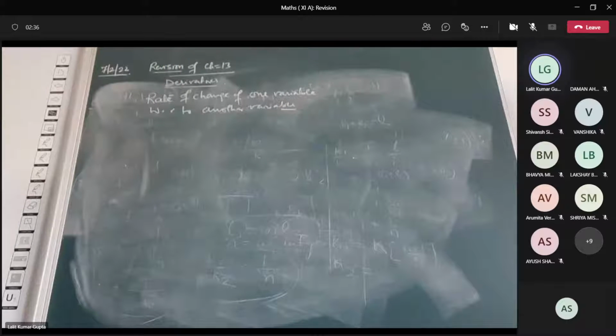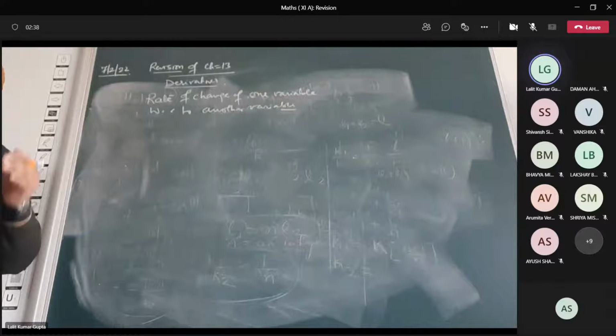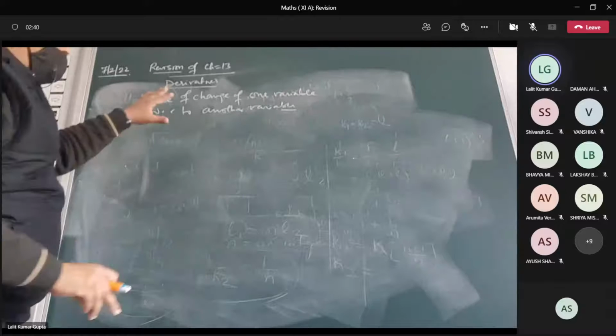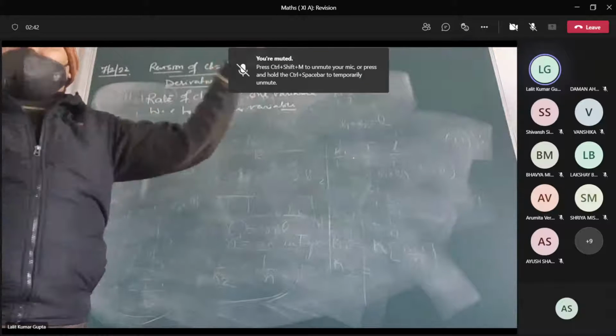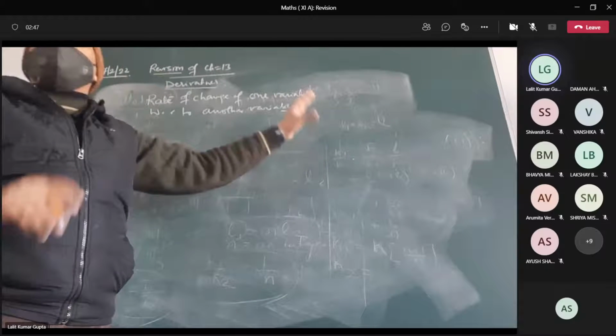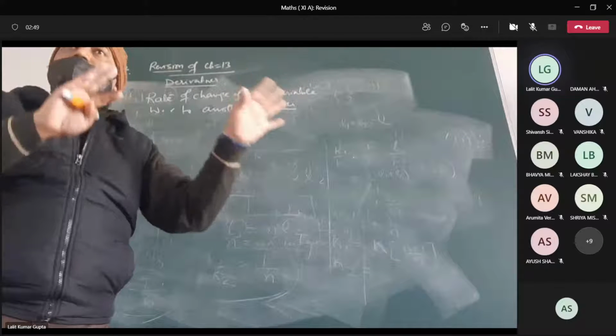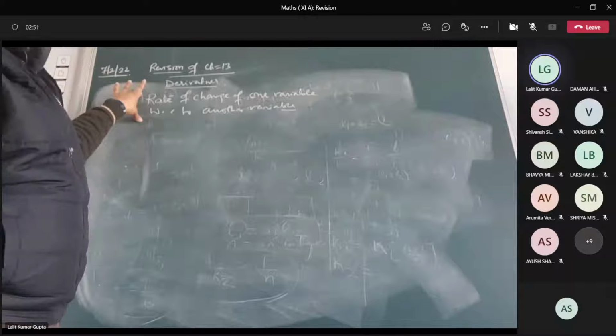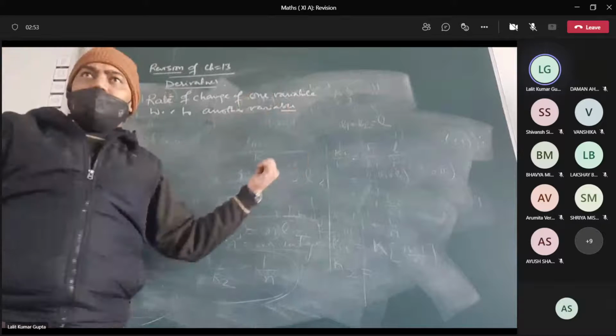This is the important thing. Whenever they ask in an exam to define derivative, you have to write this, you will get full marks, beta. Some people say different things, but from a technical point of view you have to give this answer so that you can get full marks, beta.